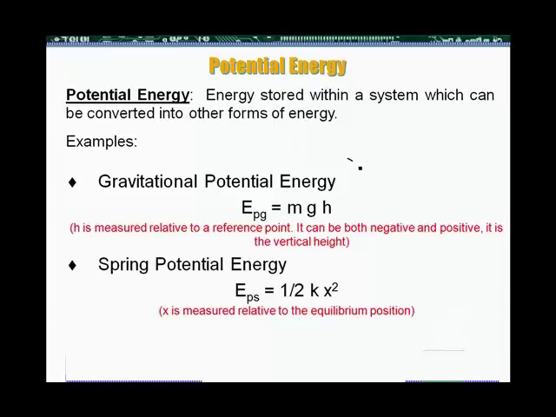This is the kind of energy that we rely on in getting electricity out of hydroelectric power plants. In that case, we have water that's at a higher level than other water, and we make that water lose the gravitational potential energy that it has due to that height difference, and convert that gravitational potential energy into kinetic energy.